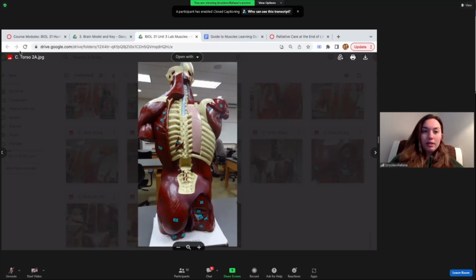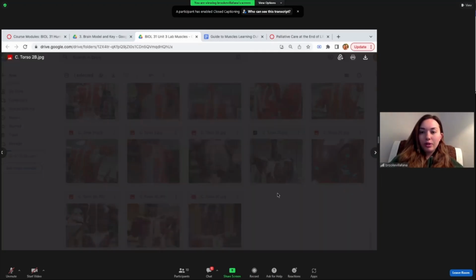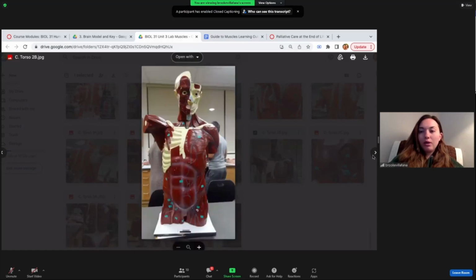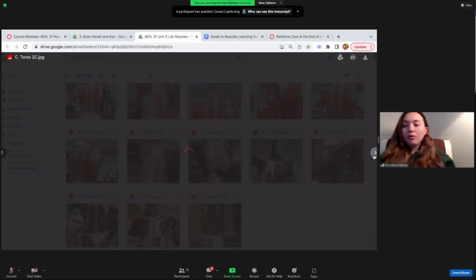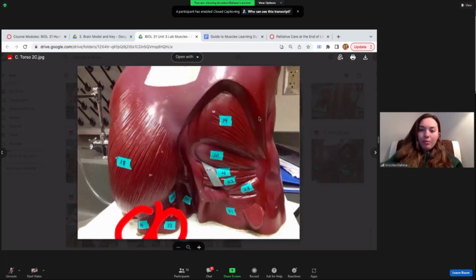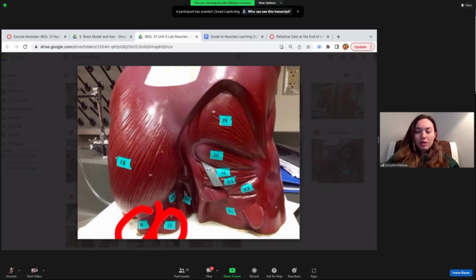Then let's look at the front. So here's the front of the model. Here is a close-up view of the butt, but we already just did this. The only one I didn't show you was semimembranosus and gracilis. So gracilis, semimembranosus, and like I had said, this is semitendinosus.